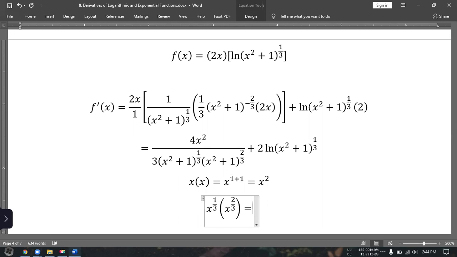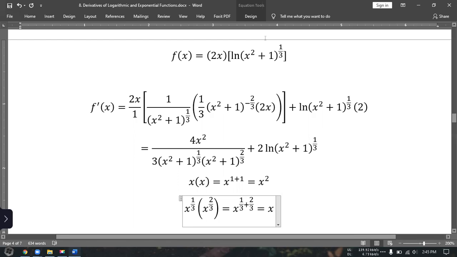What is the product? Basically the same definition. No? We are to add 1/3 and 2/3, which is equivalent to simply x. X raised to 1/3 times x raised to 2/3 is equal to x.